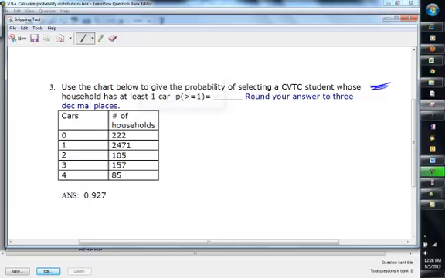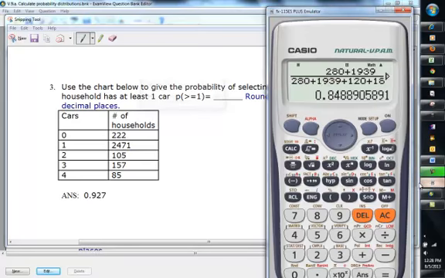We're looking for the probability who has at least 1 car. I think the easiest way to do this is to take the 1, subtract the ways to get 0 cars, because otherwise we'd have to add the 24, 71, and so on all the way up. So let's do that.